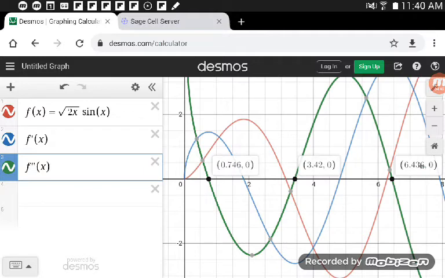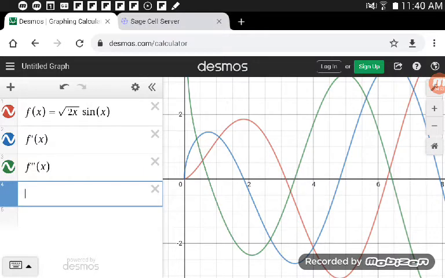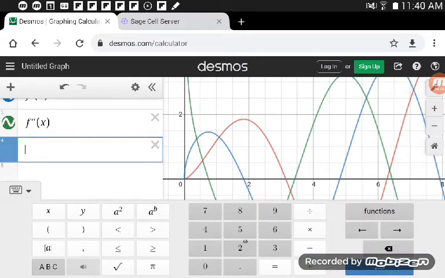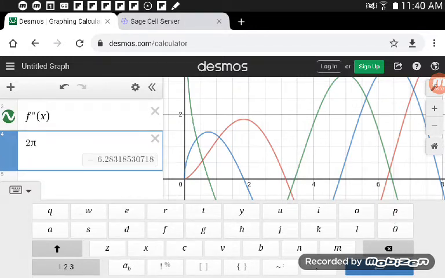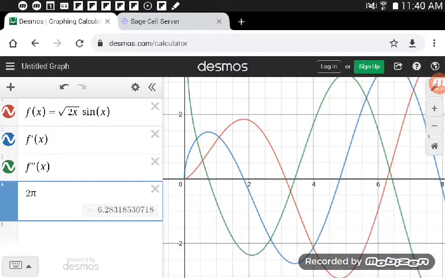If you're just wondering, just type in 2 pi, and 6.283. So you see that was just a little outside of the 2 pi.